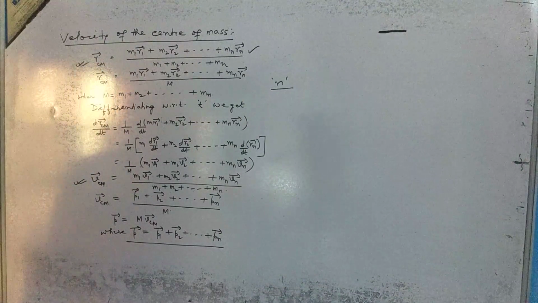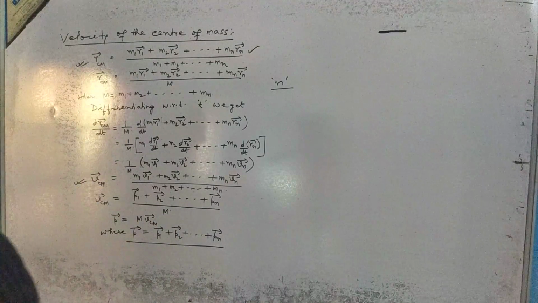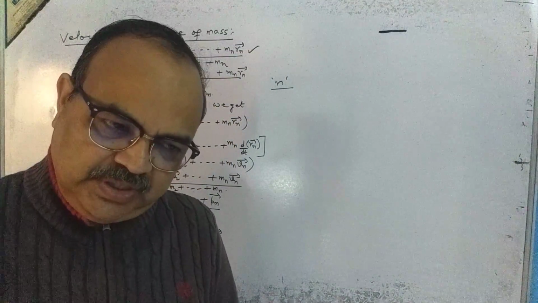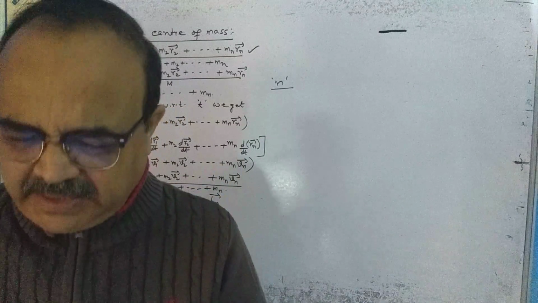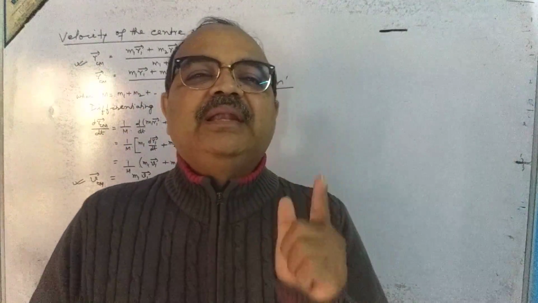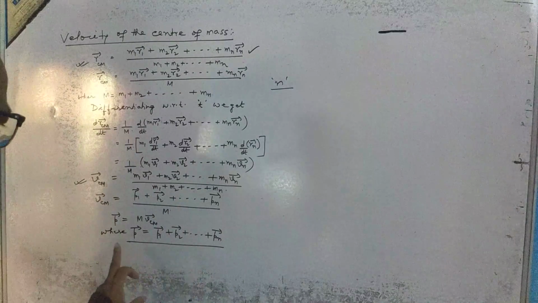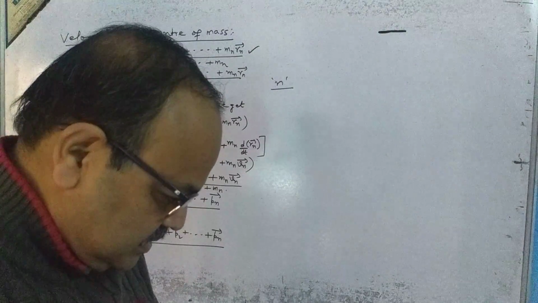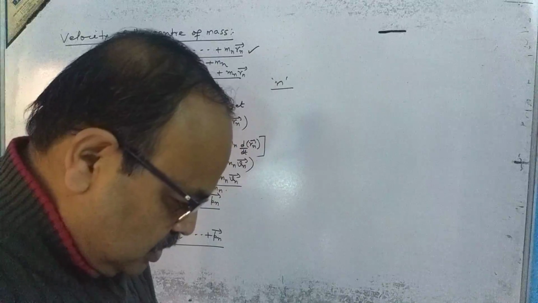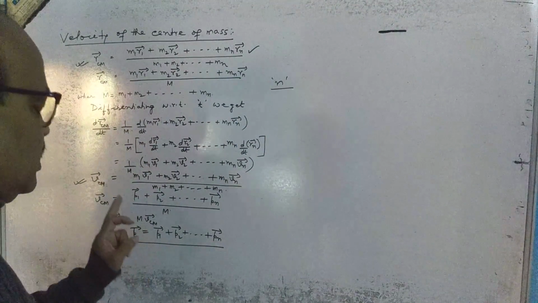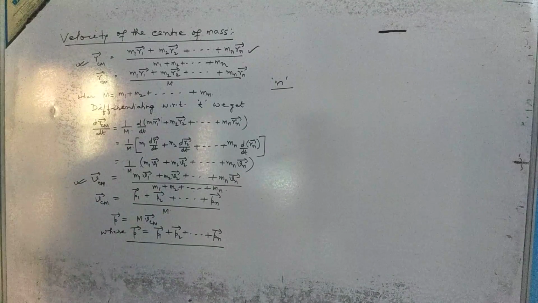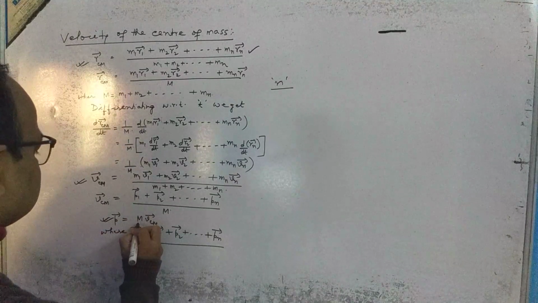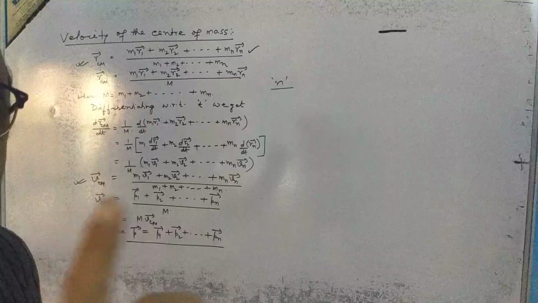That means we are getting this expression. You can write down: we see that the total linear momentum of a system of particles is equal to the product of the total mass of the system and the velocity of the center of mass.